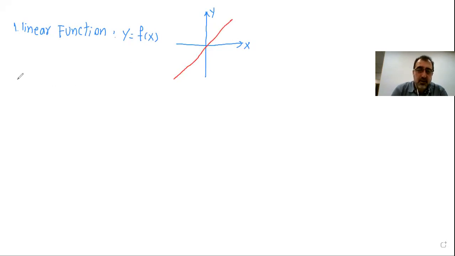Secondly, the quadratic function. We're going to have a lot of discussion about the quadratic function throughout this course. Y is x squared. I'm going to graph it over here for you.